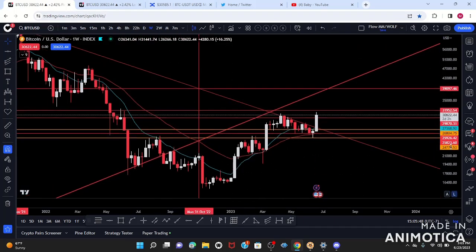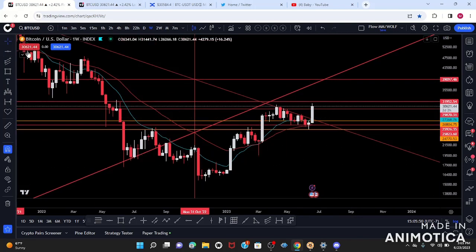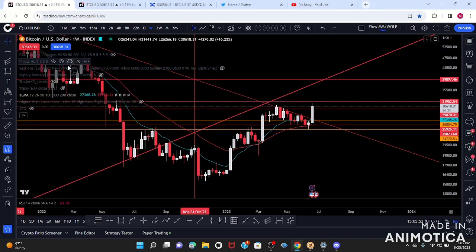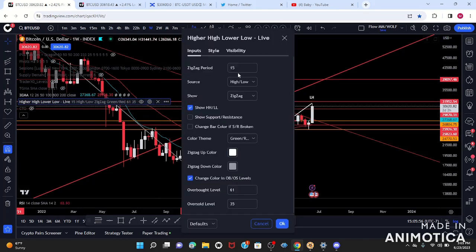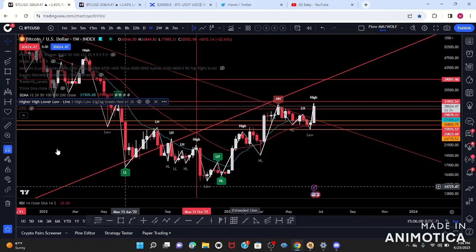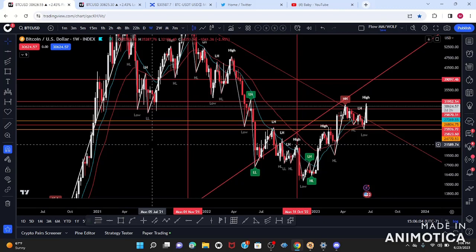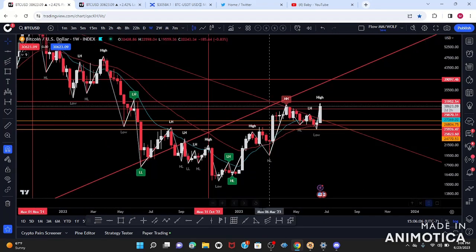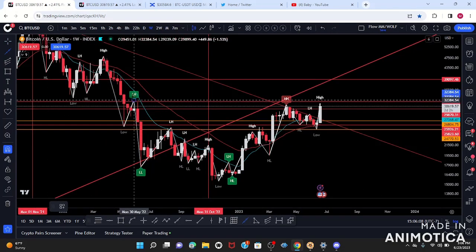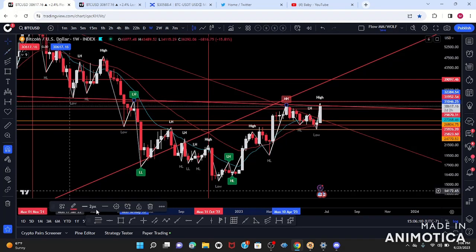But anyhow, on our weekly time frame, I'm going to turn on higher high, lower lows, and that's going to help me find something in regards to a pattern. What is our contraction phase doing? What do we see? Connecting just basic trend lines could help us out. Like this right here, this to here.